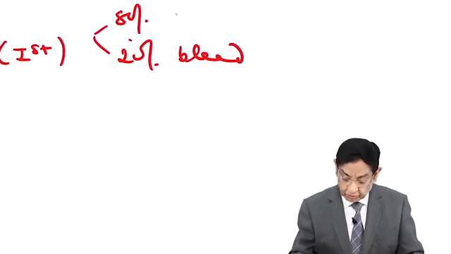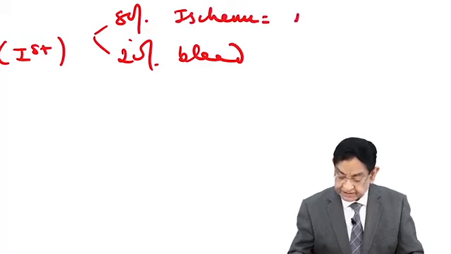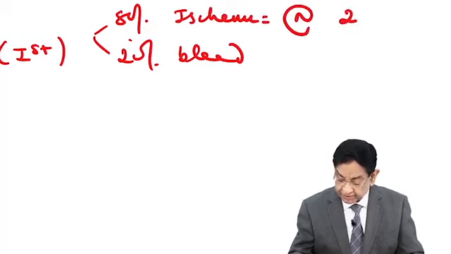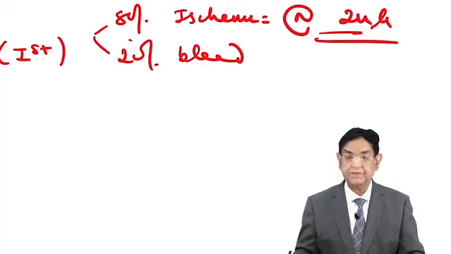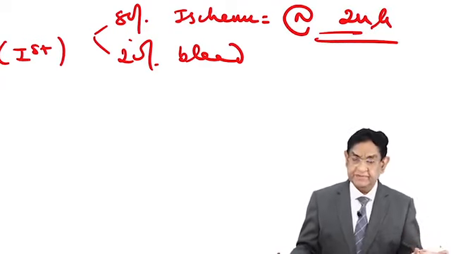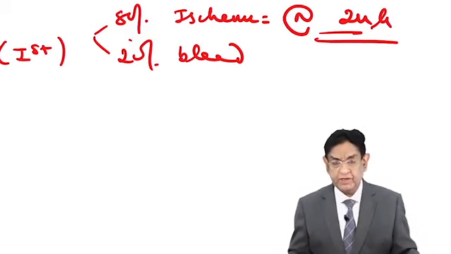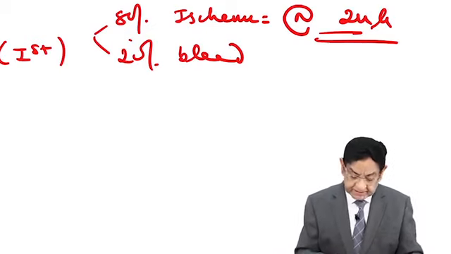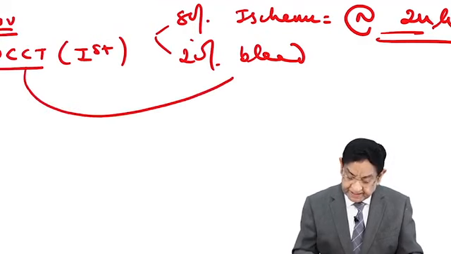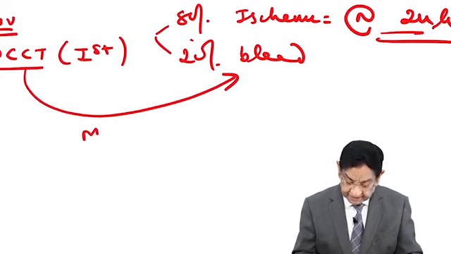In ischemic stroke, this CT scan in the first 24 hours will be normal. Okay, and 80% ischemic, then why do you want to go for non-contrast? Because CT scan can pick up bleeding much better than MRI.